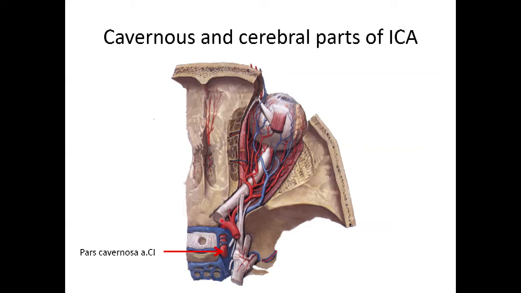From the lateral side of the Turkish saddle, you remember the sulcus caroticus. That means inside of it are located the pars cavernosa, Arteria carotis interna. And Arteria carotis interna is surrounded by Sinus cavernosus.